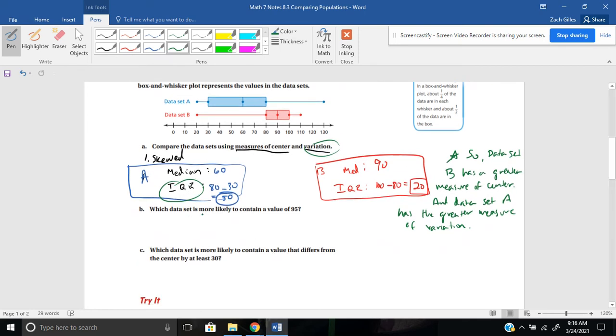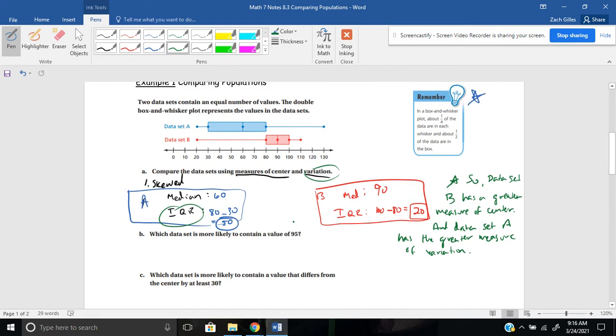Letter B says, which data set is more likely to contain a value of 95? Well, if you look at 95, that would be right here. You can see that on data set A, that falls in one of the whiskers.